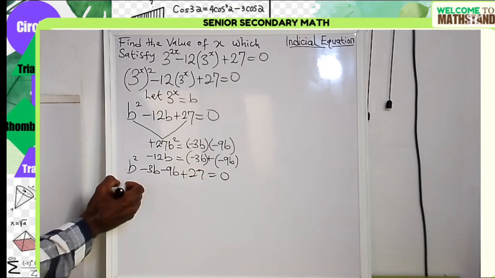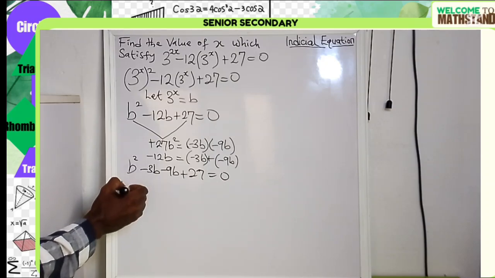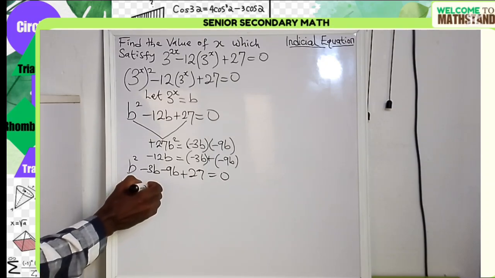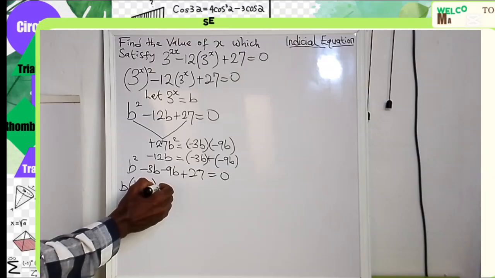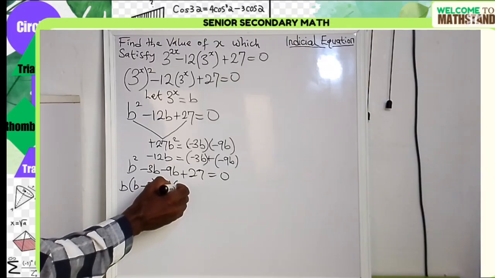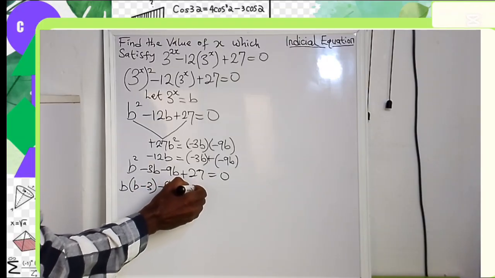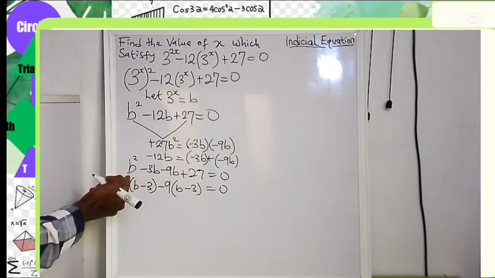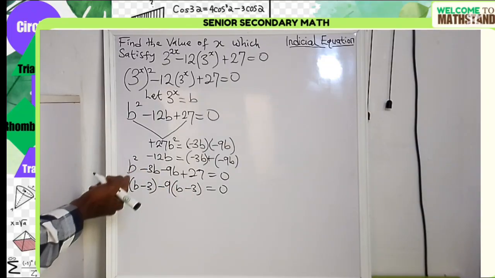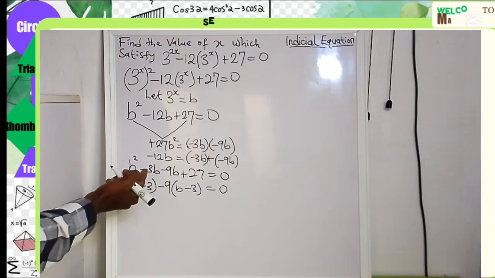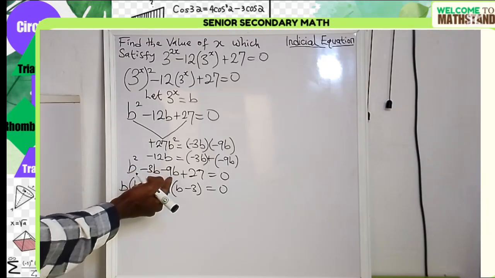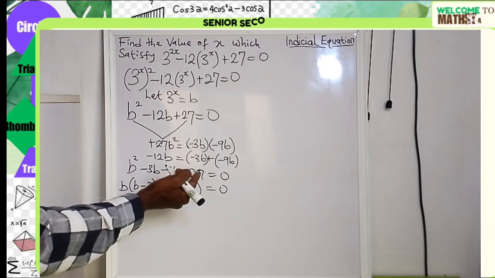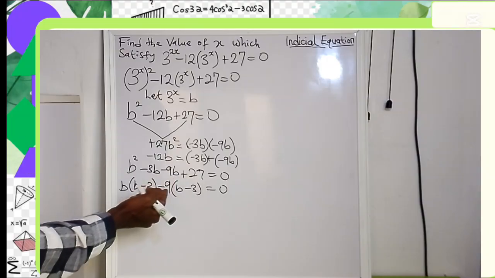So let's factorize. We have b common here, we have b left, and here minus 9 common, we have b minus 3. I hope you understand here. B is common, so bring it down, and when you take b from b, we have b left. Take b from 3b, we have 3 left. Here 9 is common, so take 9 away, we have b left.